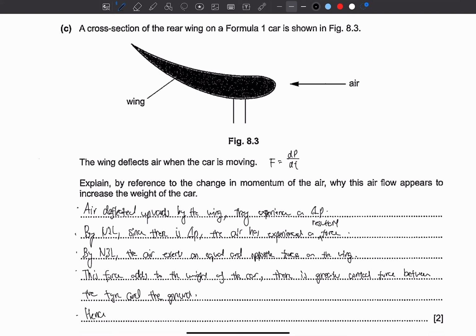Hence, airflow increases the apparent weight of the car.